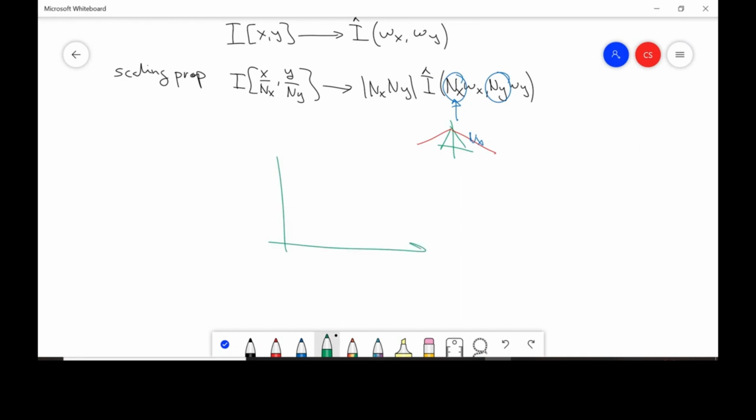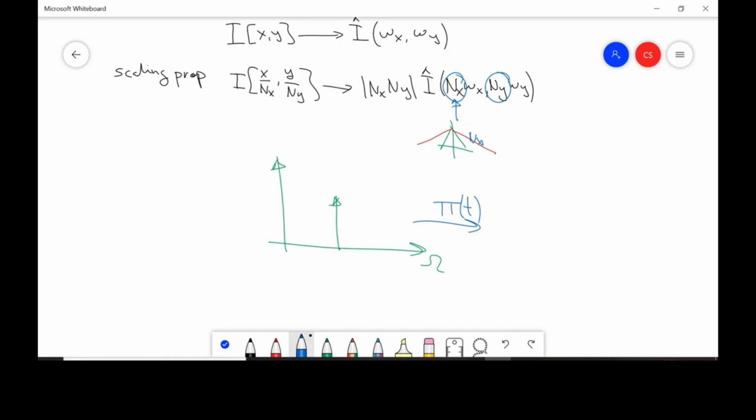So let's think of the spectrum of the wheel. Okay, so the spectrum of the wheel will have some frequency. And then we do the sampling.